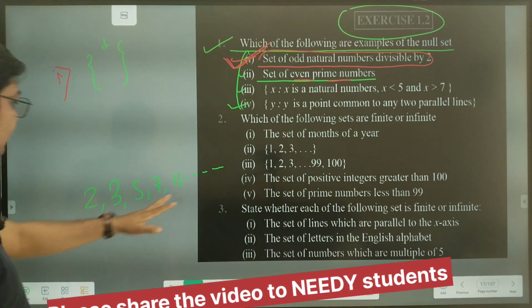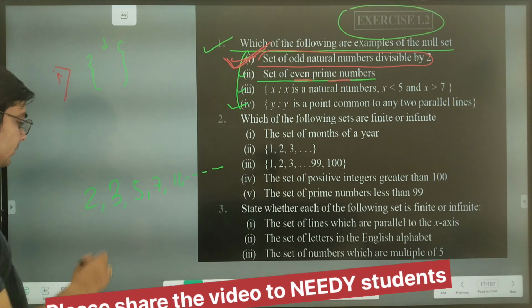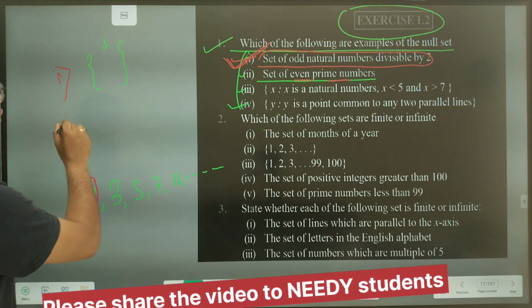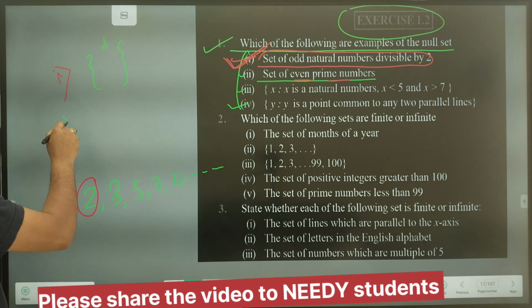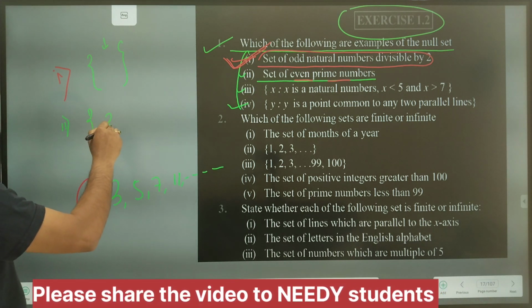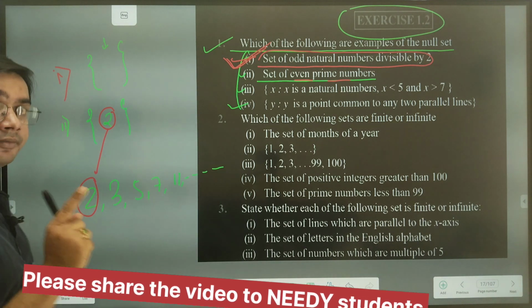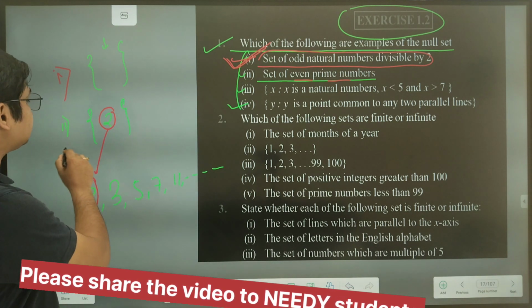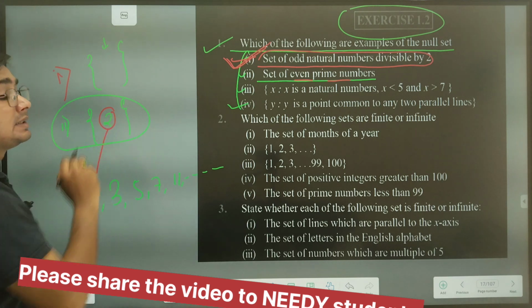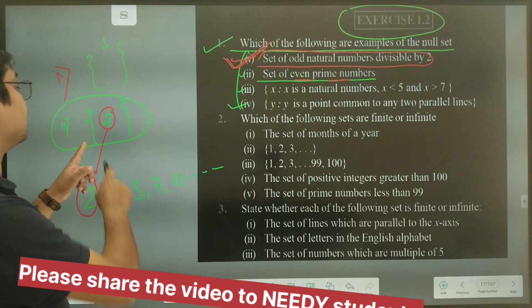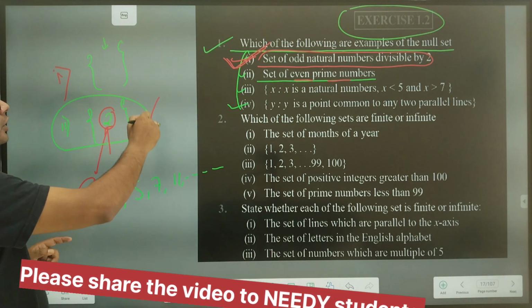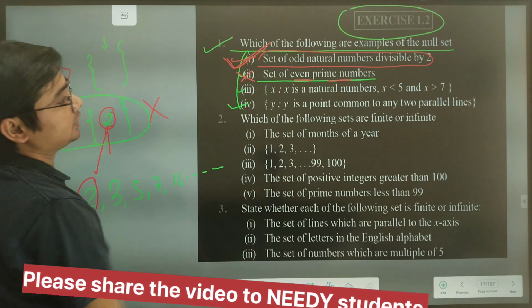Among these, 2 is an even number, so the set will contain 2, because 2 is an even prime number. Now, is this set empty, or is this a null set? No, because there is an element. So this is not empty.